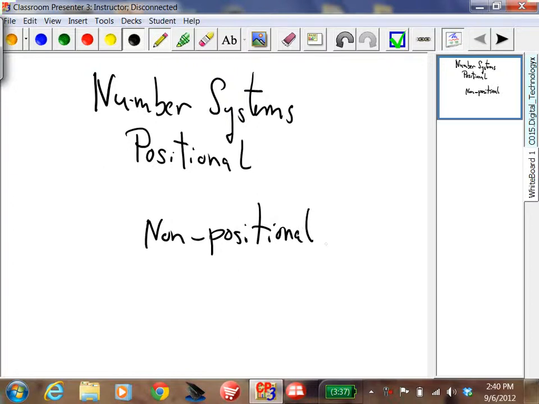Non-positional number systems, I mentioned Roman numerals. And I claim that positional number systems are an improvement over non-positional number systems.